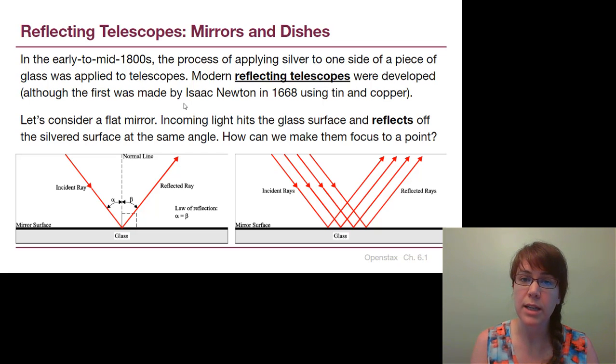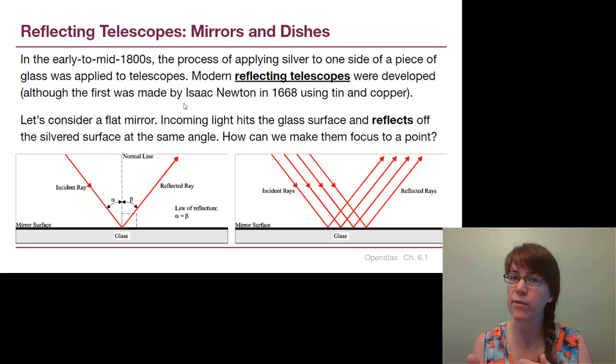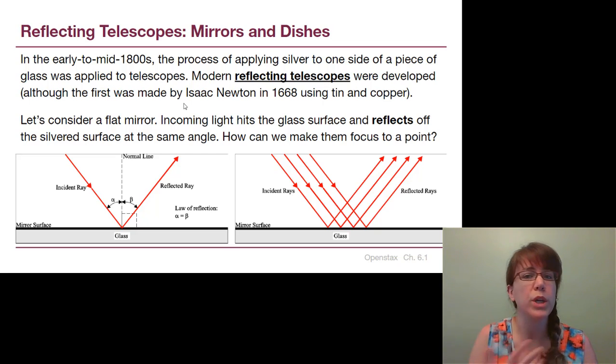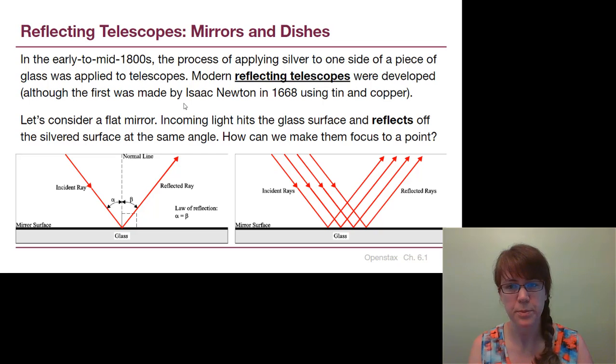But the key thing is that the way that light interacts with a mirror is it doesn't go through the mirror, it bounces off of it, which means we won't have that chromatic aberration issue, we won't have refraction, we'll have reflection. And that word reflection is something that we use in our everyday lives, so it should be easy enough to connect that in our heads with mirrors.